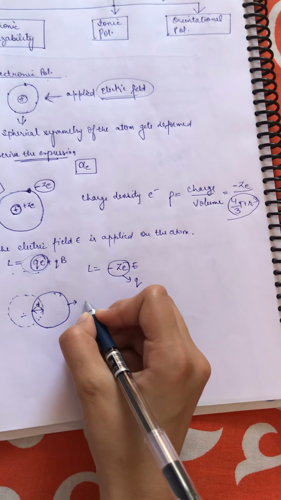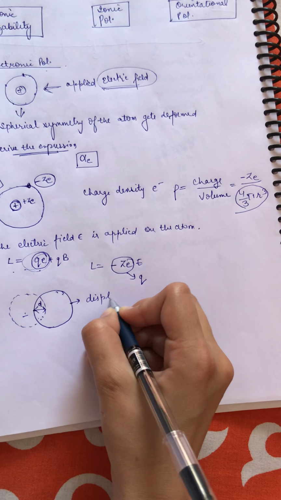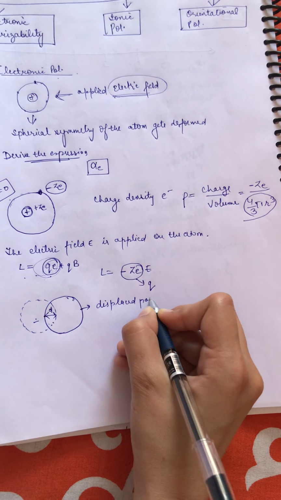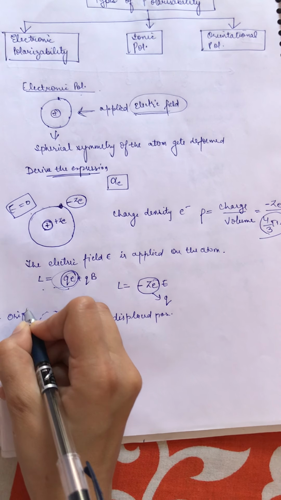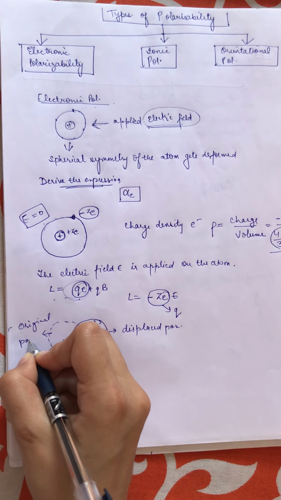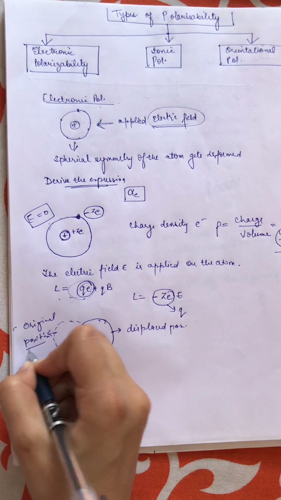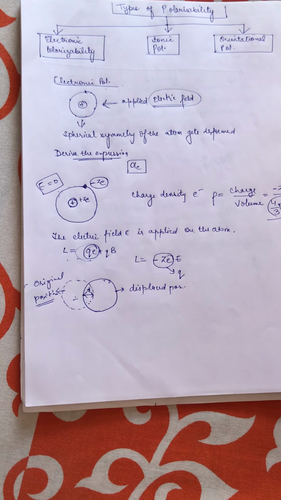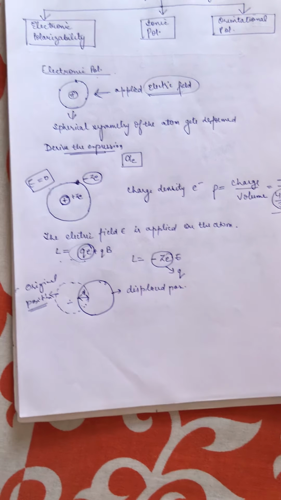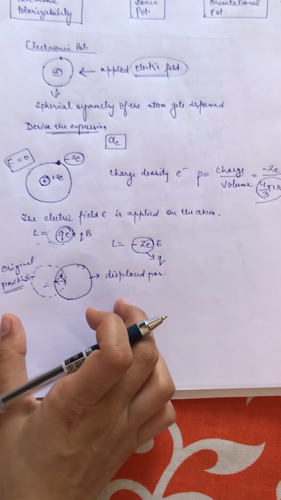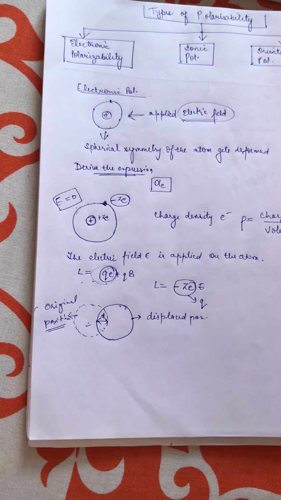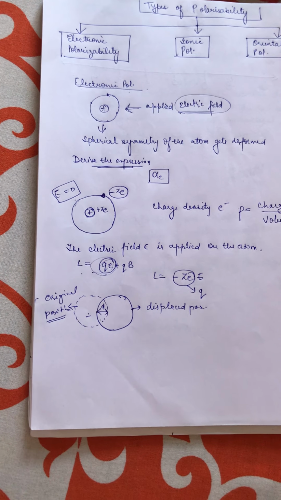This is the displaced position, and this was the original position. Here the nucleus and the electron cloud both are pulled apart. Now as they are pulled apart, there will be a restoring force between them.